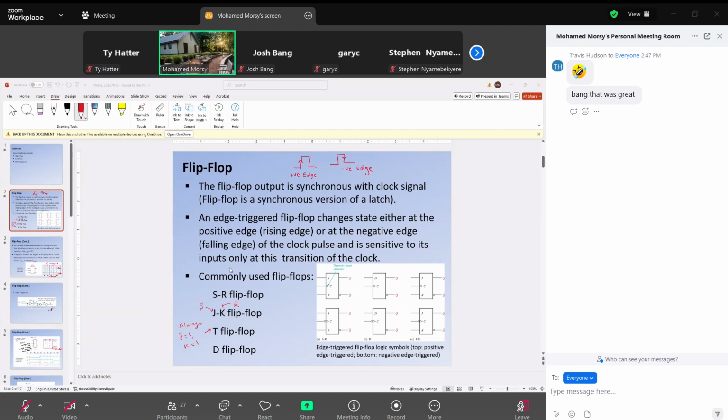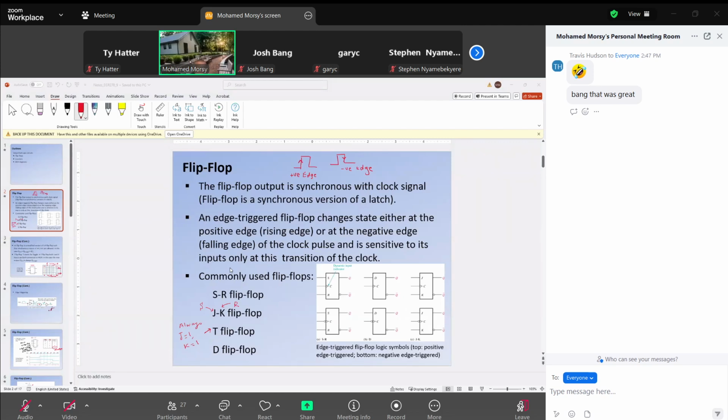Then another modification called the D flip-flop. D flip-flop has only one input, which we call data or delay. Why only one input? Because all of these are modifications of J and K. Between J and K, we put an inverter, a NOT gate, as a modification for the flip-flop.